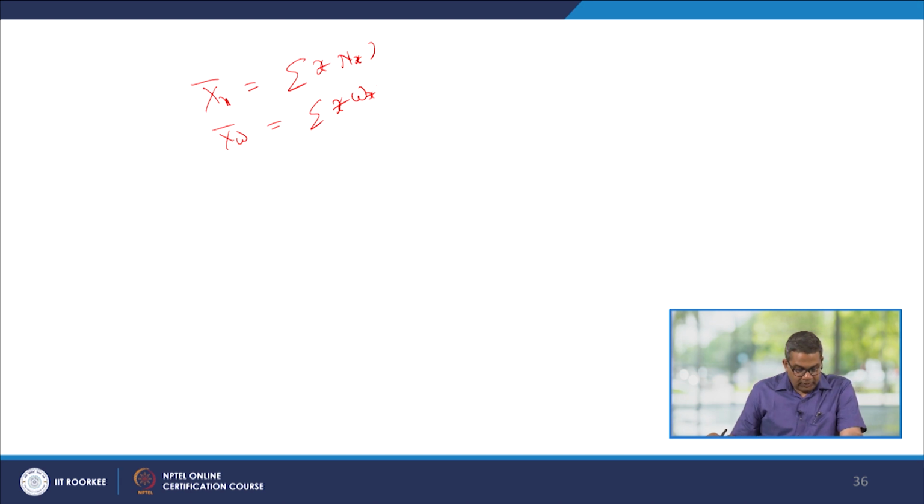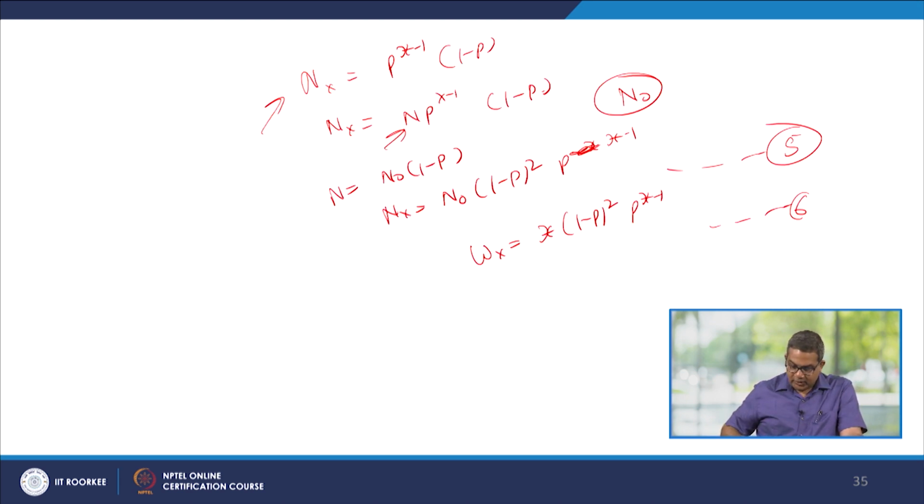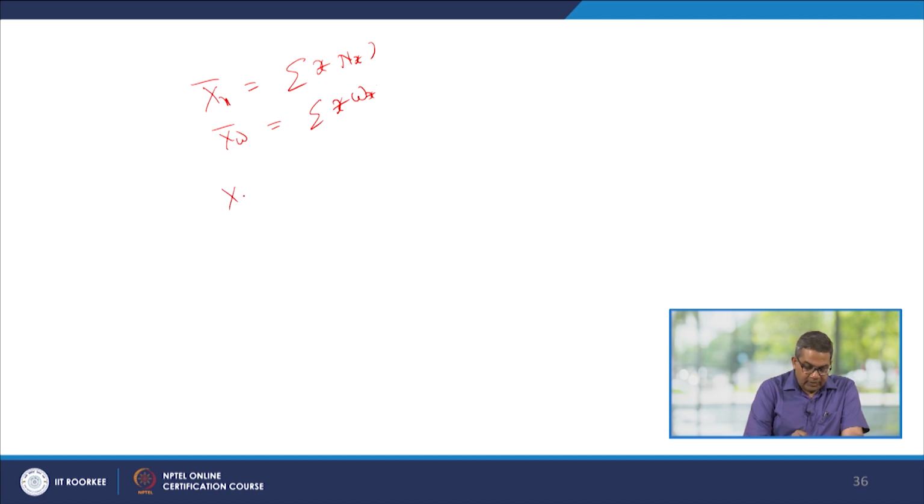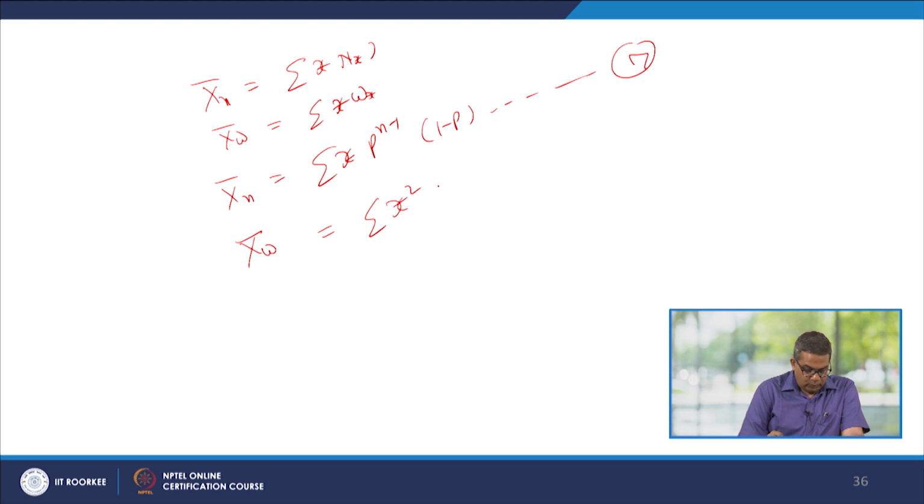Now the number and weight average degrees of polymerization are given by bar Xn equals summation X Nx and bar Xw equals summation X Wx. If we put the values of Nx and Wx from the previous equations, then bar Xn is equal to summation X P to the power X minus 1 into 1 minus P. That becomes equation number 7, and bar Xw is equal to summation X squared P to the power X minus 1 into (1 minus P) squared. That is equation number 8.